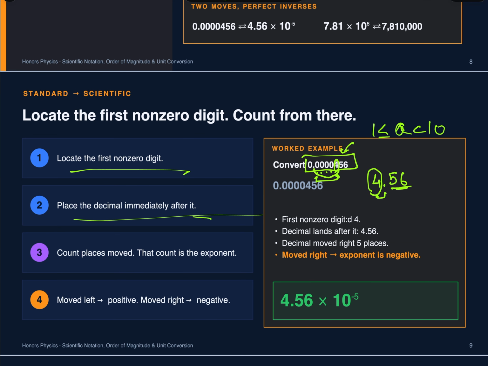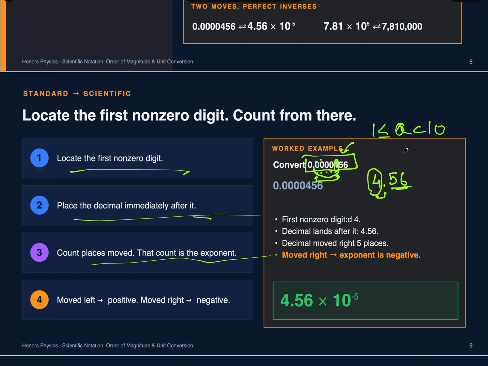So now I count the places that it moved. Since it moved 1, 2, 3, 4, 5 places, the decimal first went through all the zeros, but then it also went one more time after the 4.